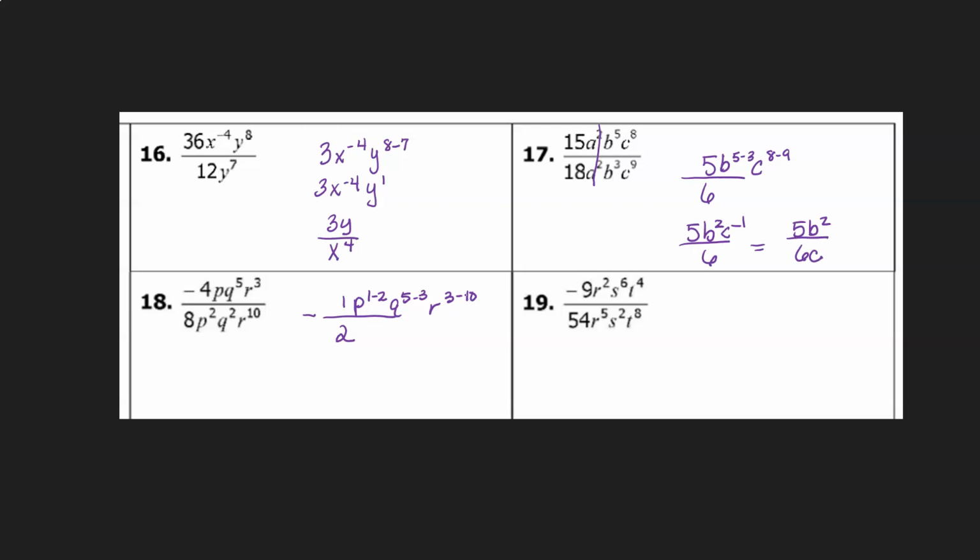I don't think I did. So now I have negative 1/2 p to the negative 1st, q squared, r to the negative 7. So anything with a negative gets pushed down. So I have negative q squared left on the top, and 2p r to the 7th on the bottom. All right, let's stop here.